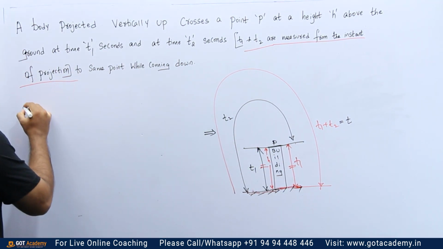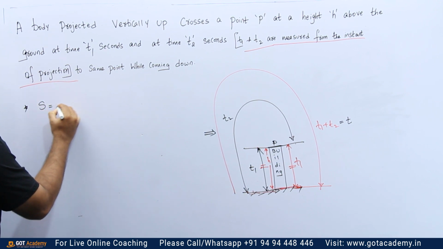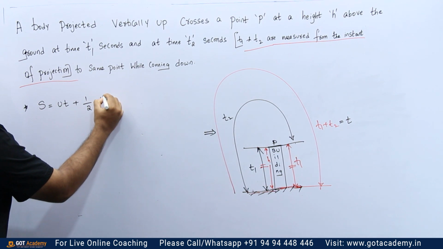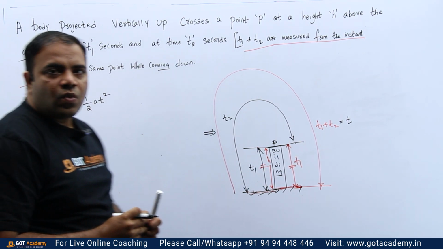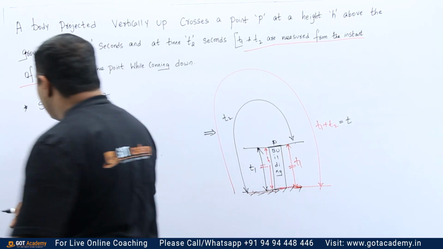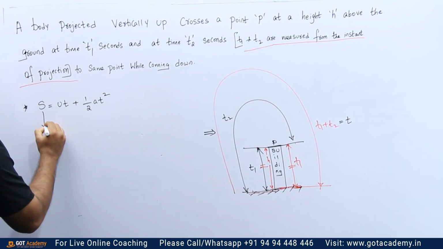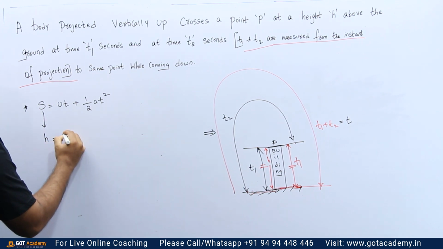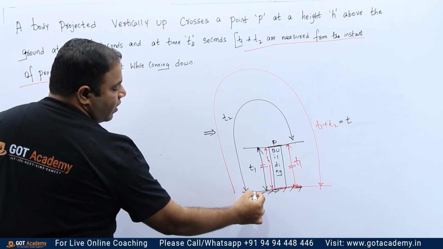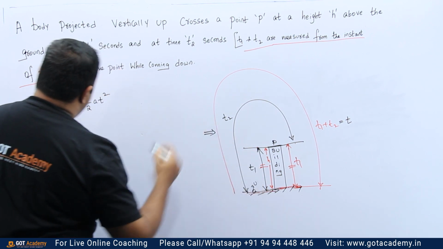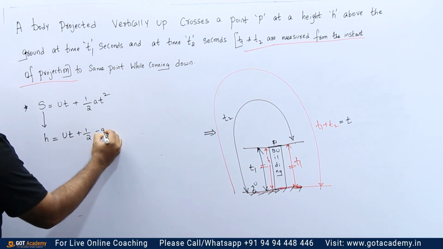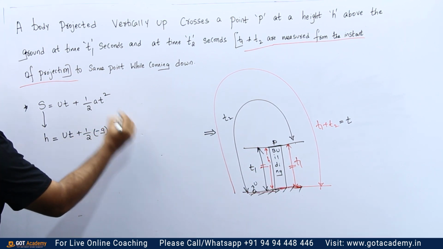The basic equation that we know here is S is equal to ut plus half a t square. Here the distance traveled is nothing but h, the height of the building, u into t, because you are throwing with a velocity u. The acceleration that you have taken here is minus g, into t square.